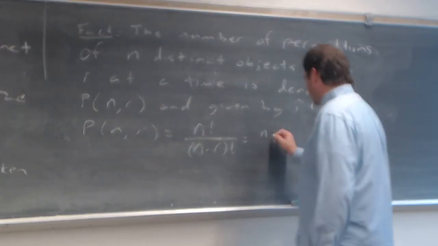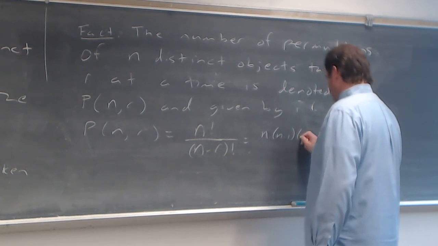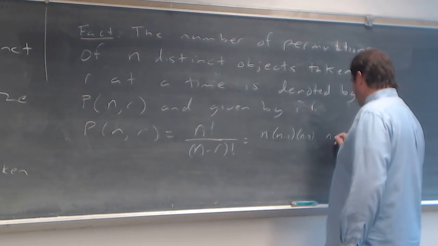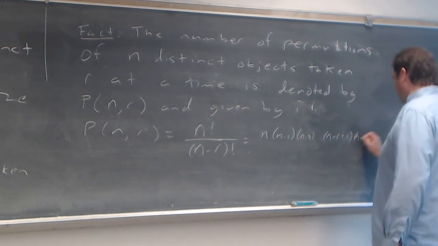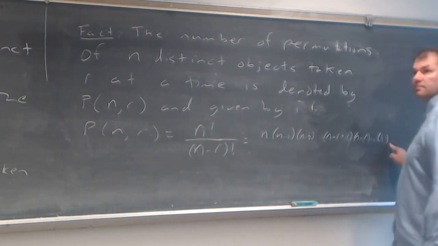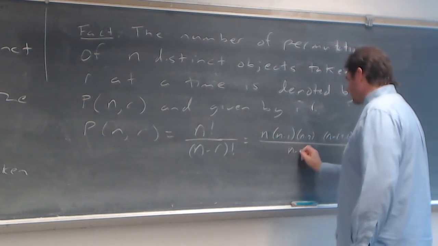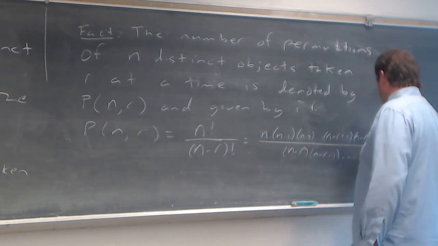well, get a little bit more space. It's n times n minus 1 times n minus 2, and you keep going, and at one point you get n minus r plus 1, and then n minus r all the way down to 1. Okay? And then below this, you get n minus r times n minus r minus 1 all the way down to 1.